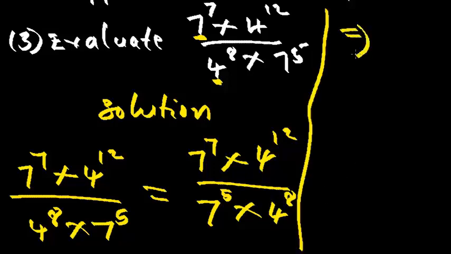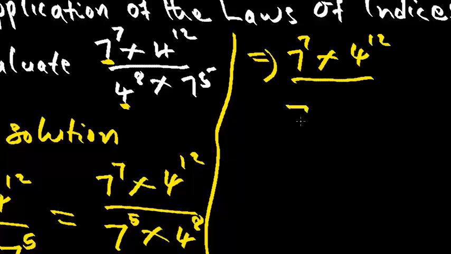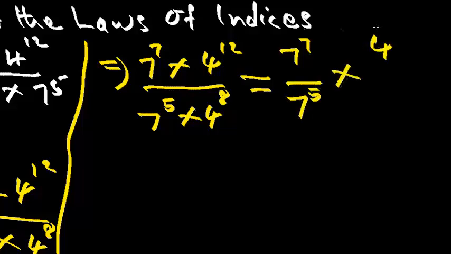Now from here, 7 exponent 7 times 4 exponent 12 all over 7 exponent 5 times 4 exponent 8 will give us 7 exponent 7 divided by 7 exponent 5, then times 4 exponent 12 all over 4 exponent 8.